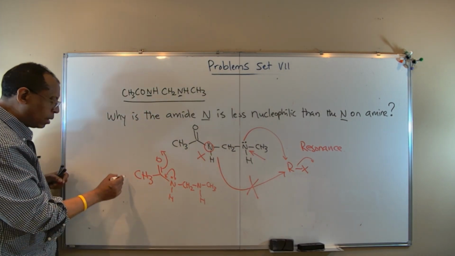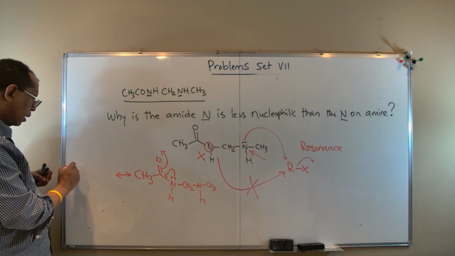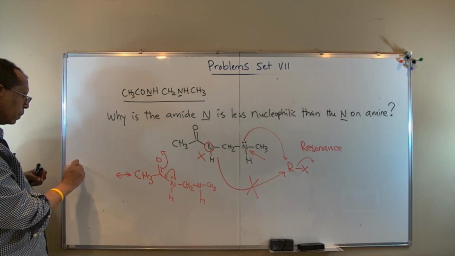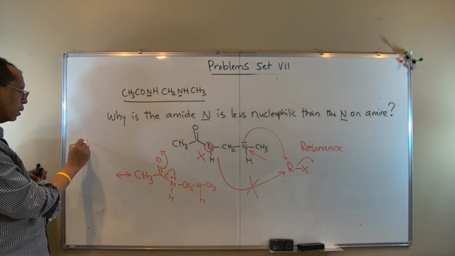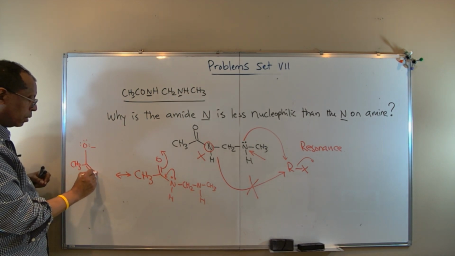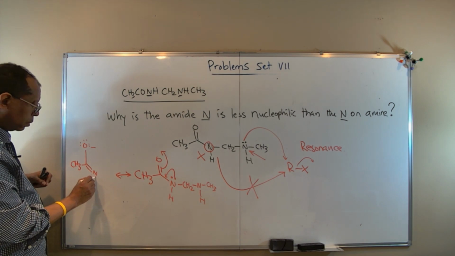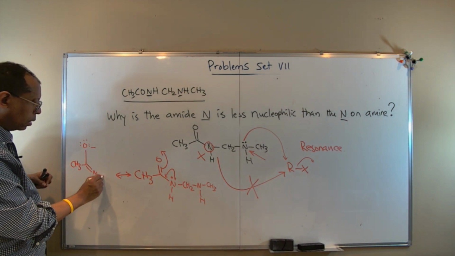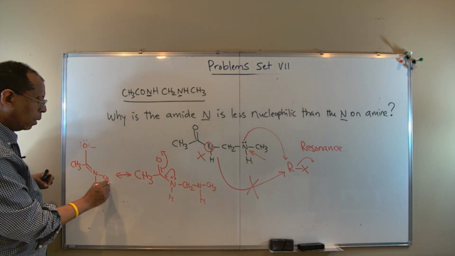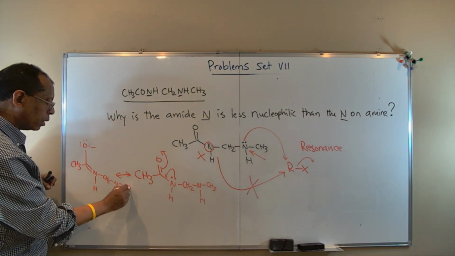So the resonance structure for that would be, of doing that, gives you a double bond to nitrogen, with H, CH2, NH, CH3.